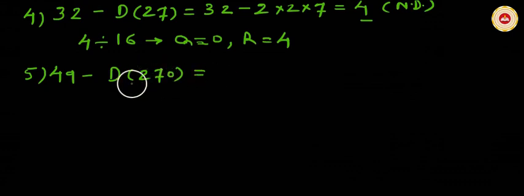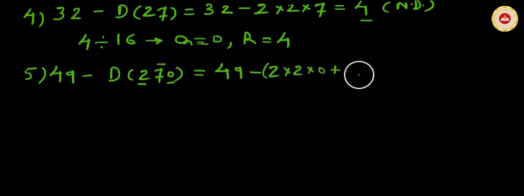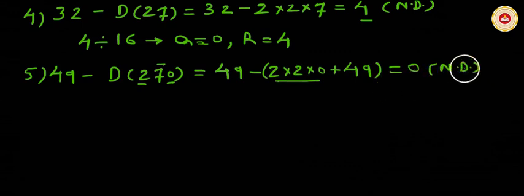How to calculate the duplex of 3 digits? 49 minus the product of the 2 end digits, 2 cross 2 cross 0, that is 0, plus the middle digit squared, that is 7 squared, which is 49. So 49 minus 49 is 0. So this 0 is net dividend.